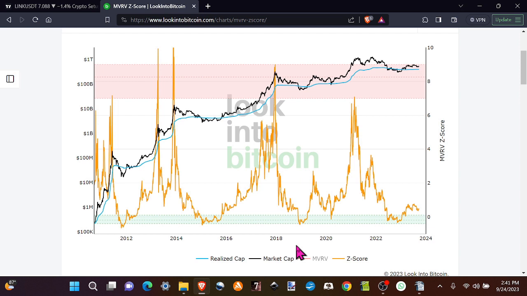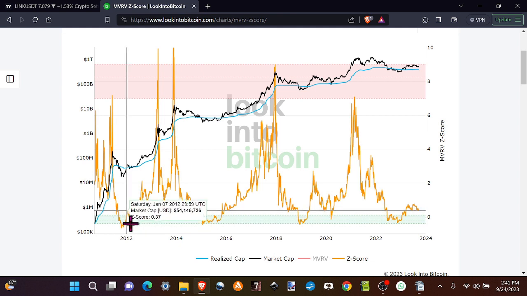So that being said, look at where we are now. We're just above this green zone, okay? And it shows that we've already had a bottom here. Now, have we in the past revisited this bottom? Yes, we did actually. You can see we revisited it slightly.